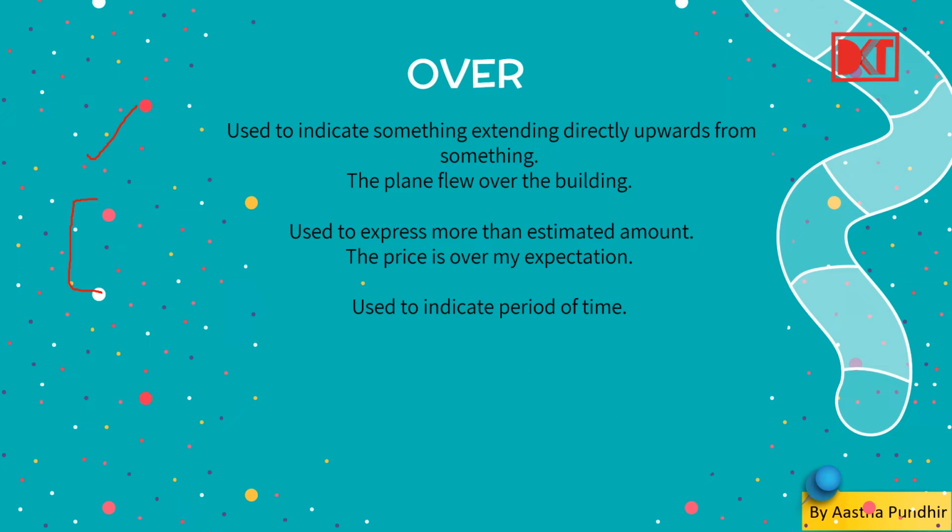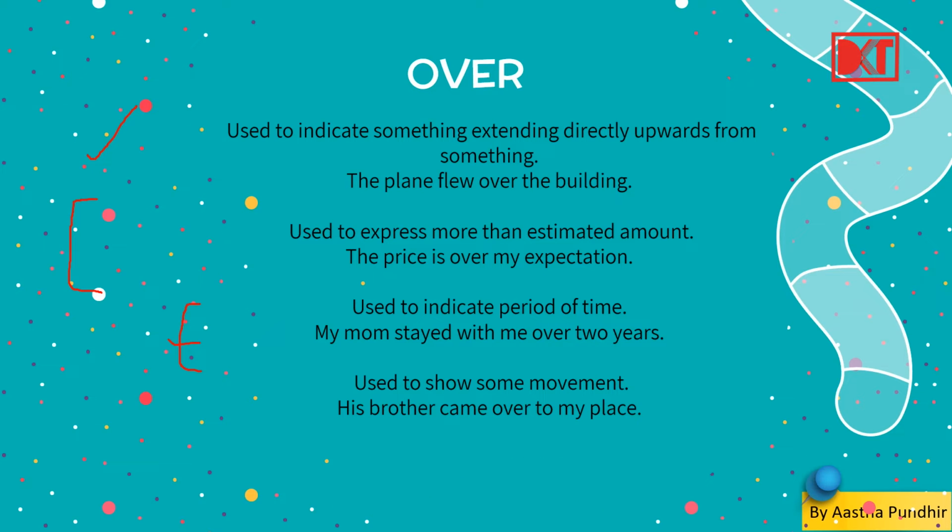Next up we have used to indicate a certain period of time, like my mom stayed with me for 2 years. So what is the period of time we are describing here? Over 2 years, something like around 2 years. Next up we have used to show some sort of movement. Movement in the sense like his brother came over to my place.